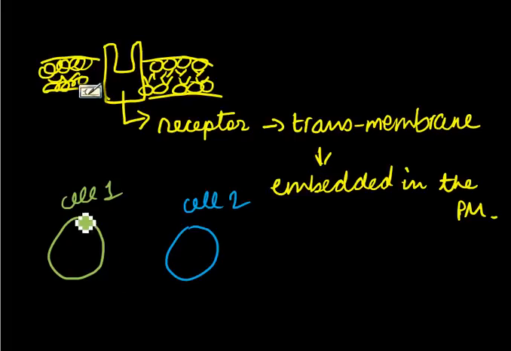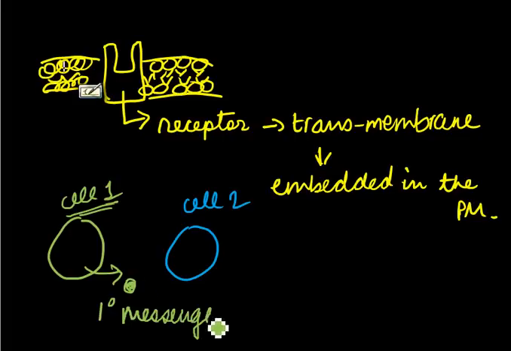Well, cell 1 is going to produce a molecule. This molecule is referred to as the primary messenger molecule. And primary because it is at the first stage of sending the message. So we have this primary messenger molecule being produced by the cell that needs to say something to another cell.